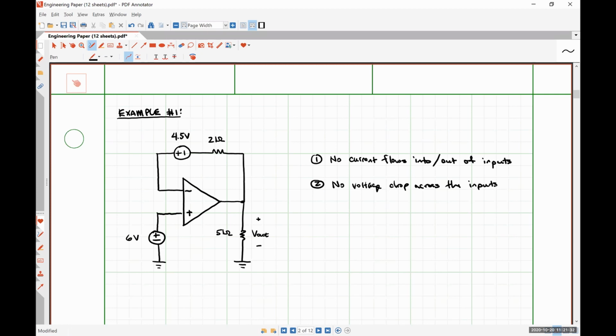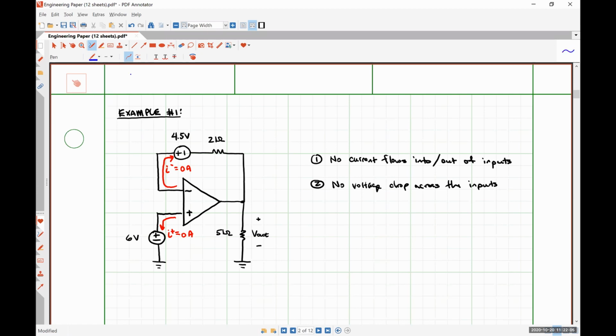So applying op-amp rule number 1, and our ultimate goal in this problem is to determine what the value of our output voltage is. Okay. So applying op-amp rule number 1, we could observe that this current, which I'm going to call I minus, is equal to 0 amps. And I could also say that this current, which I'll call I plus, is also equal to 0 amps.